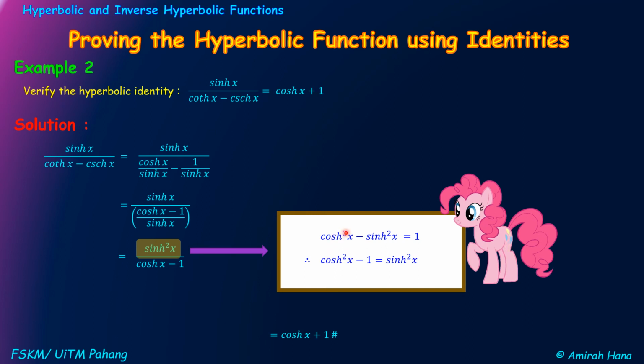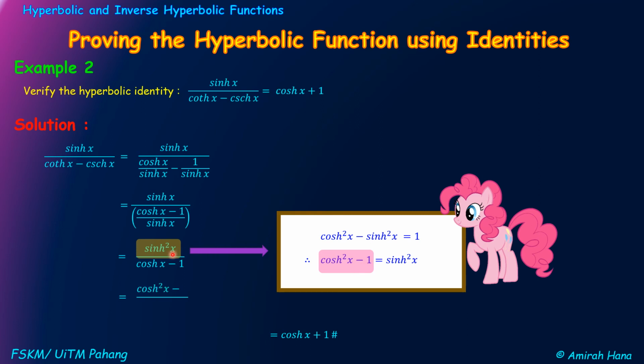So we get cos squared x minus 1 equals positive sin squared x. Now we have sin squared x equals cos squared x minus 1.